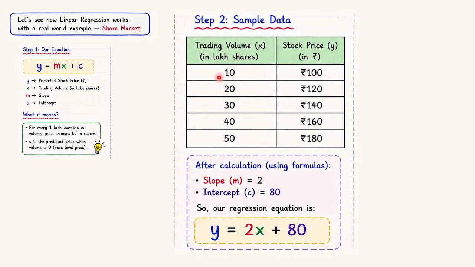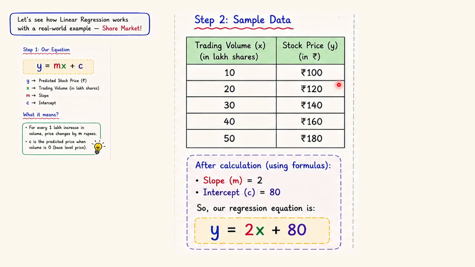You just have to put these values in the equation. So when x is 10, y is 100, and when x is 20, y is 120. The change in y is 120 minus 100, which is 20.